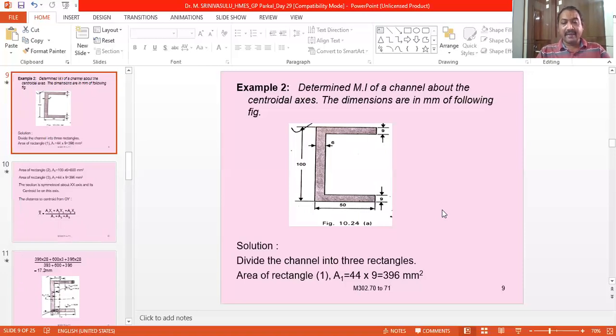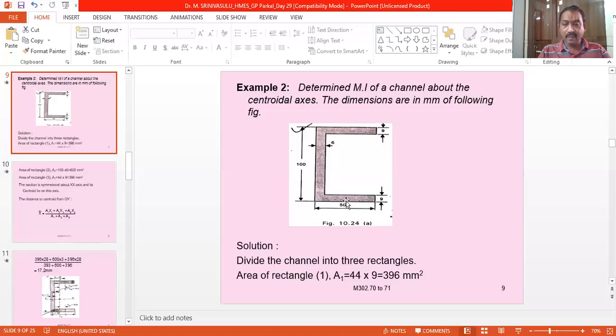Now the area of rectangle 1, how much should you take here? We have taken up to this point, so we join the vertical lines here at the top and bottom.